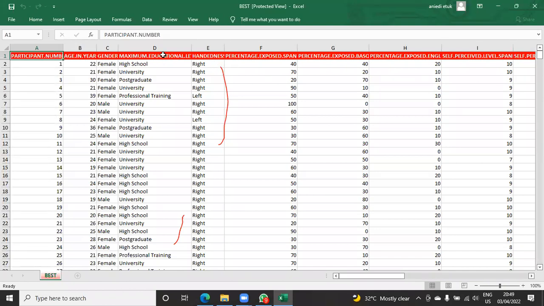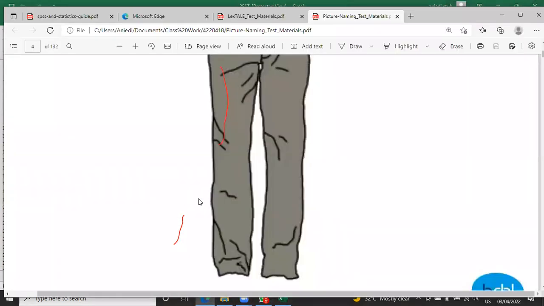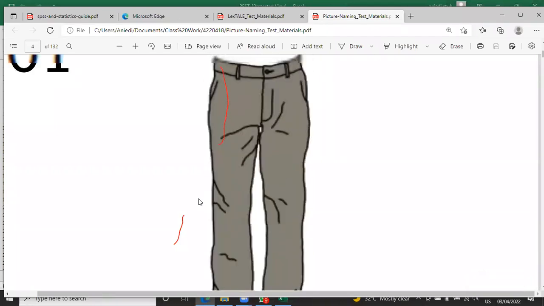But the researcher was able to extract whether they are fluent by percentage of Spanish, percentage of Basque language, percentage of English, by giving them pictures, asking them to name the picture. If possible, write a statement about the picture.